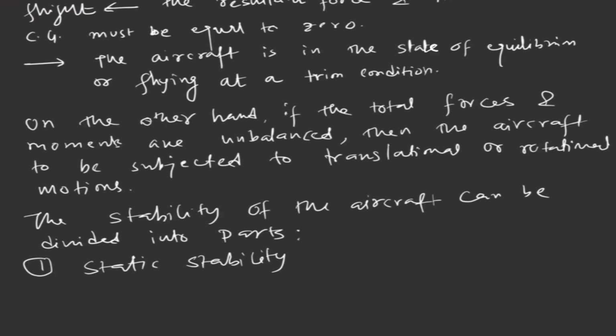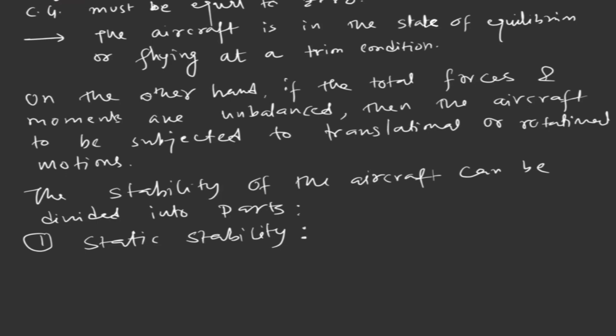So let's start with the static stability part. Under static stability, we check whether the system has an initial tendency to return to the equilibrium point after a disturbance is applied. So let me define it.